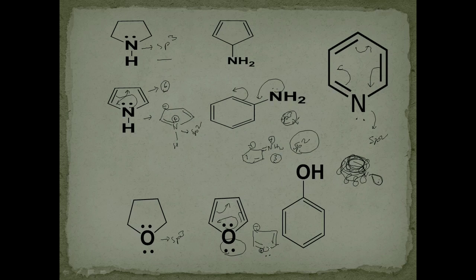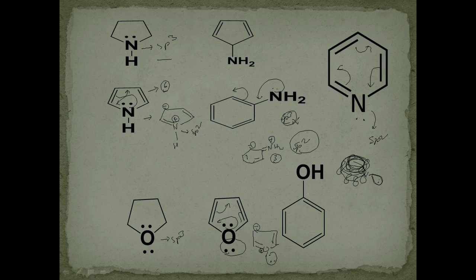Now how many sigma bonds here? 2 sigma bonds and 1 lone pair. That means sp2 hybridization, so this lone pair is present in an sp2 hybrid orbital. These are the pi bonding electrons, not non-bonding electrons. Because of involving these electrons in resonance, its hybridization is different.